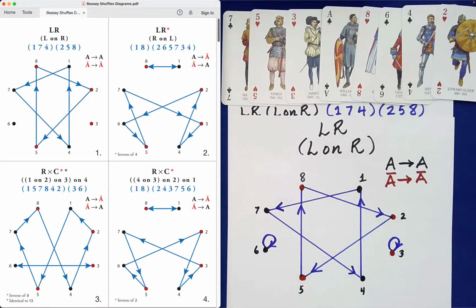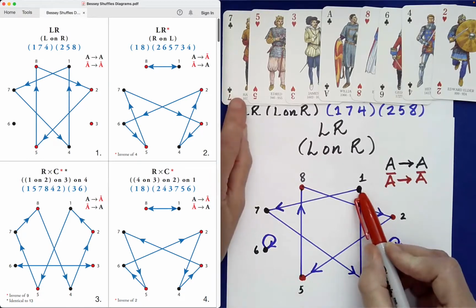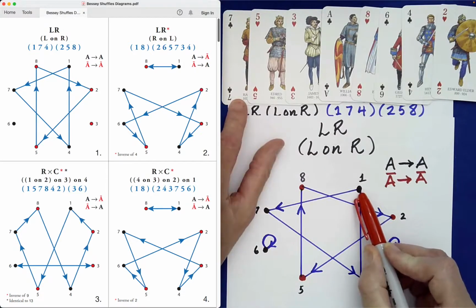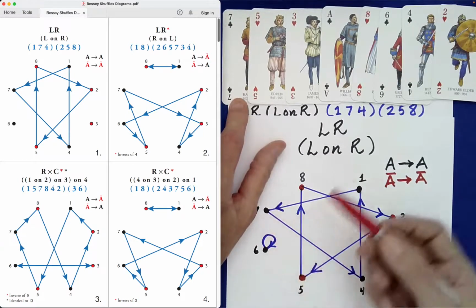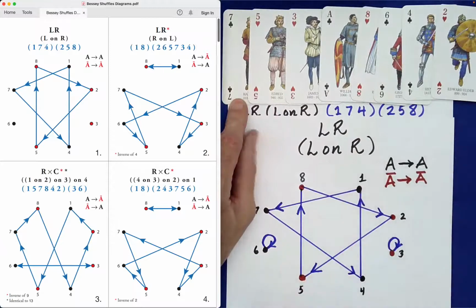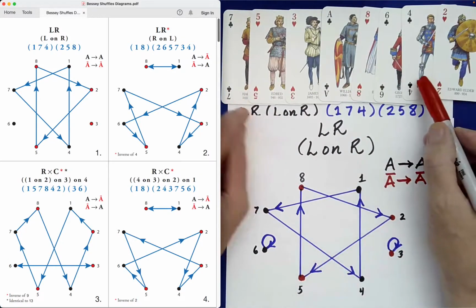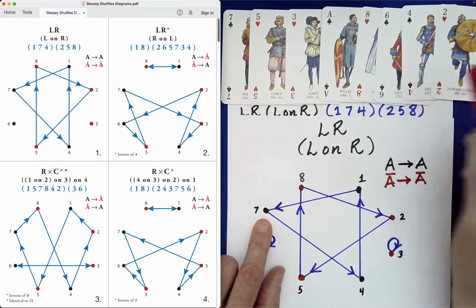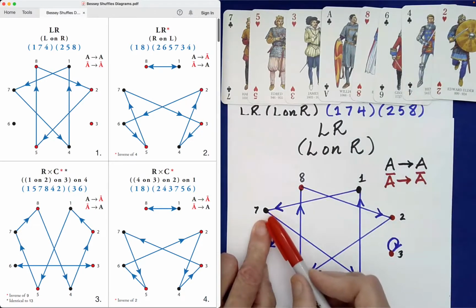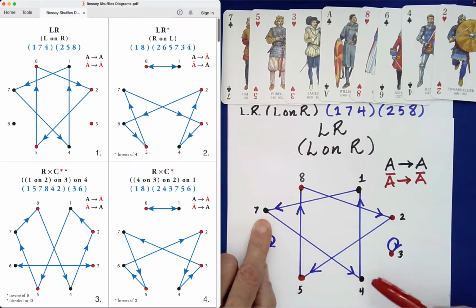So what does this mean? This means that first place goes to the individual who was originally in 7th place, right? Because we had them ace through 8 originally. 7th place, over here, goes to whoever was originally in the 4th position.